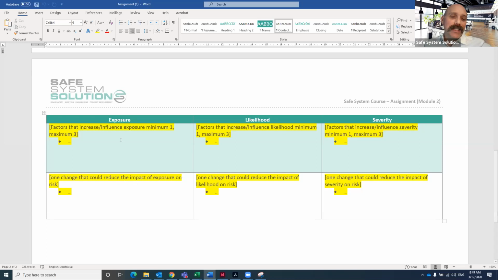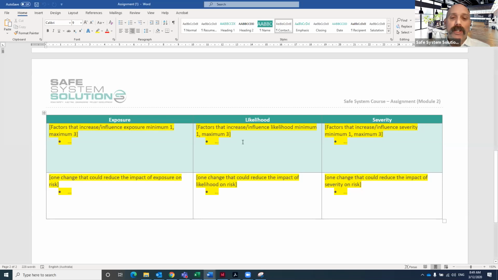Now remember, this is influence on exposure in the way we think about a safe system assessment. And so this is really going to be things that are influencing the number of pedestrians, the number of cyclists, the number of passenger vehicles through there. And so it could be the number of legs to that intersection. It could be the desire line of pedestrians crossing at this point. It could be anything like that.